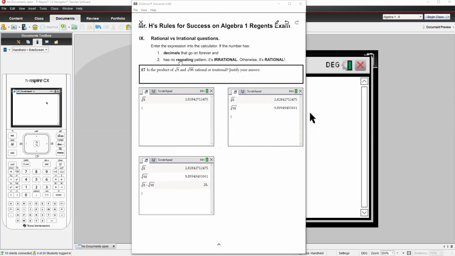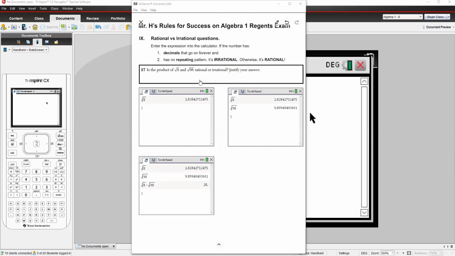Let me repeat that. If you have decimals that go on forever and there is no repeating pattern in those decimals, then it's irrational. Those are the two things that have to be true in order for it to be irrational. Anything else is rational.